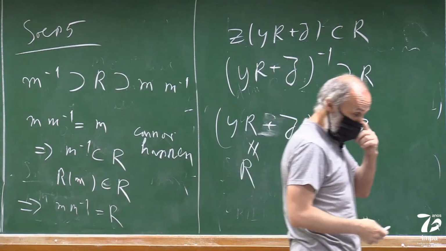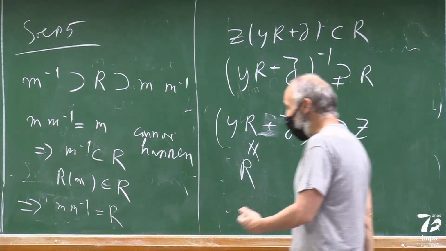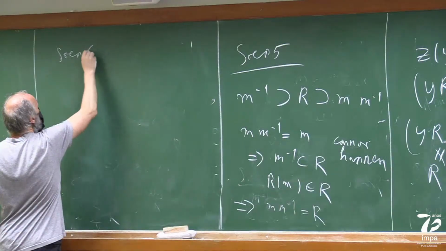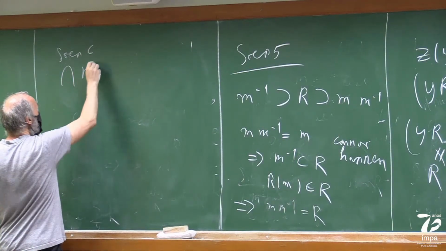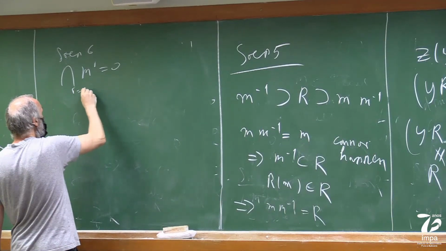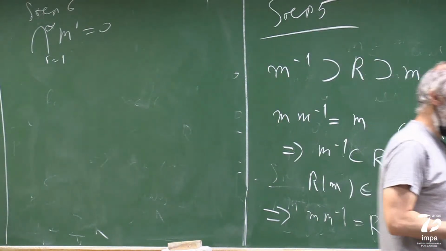This is because if you multiply this intersection by this ideal, it will be equal to itself. So step 6: the intersection of m to the power i is equal to 0, for i from 1 to infinity. These are powers of our maximal ideal.